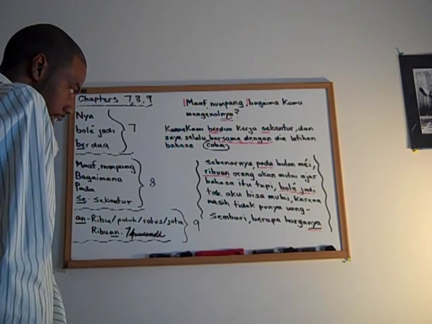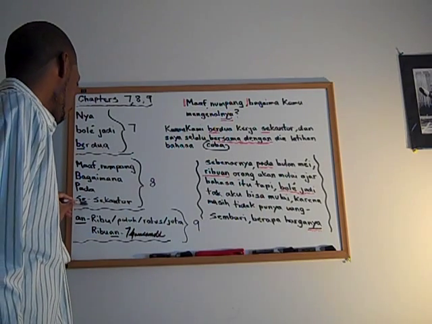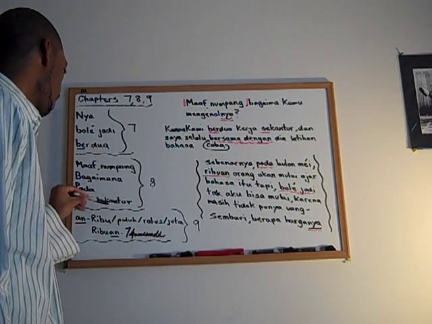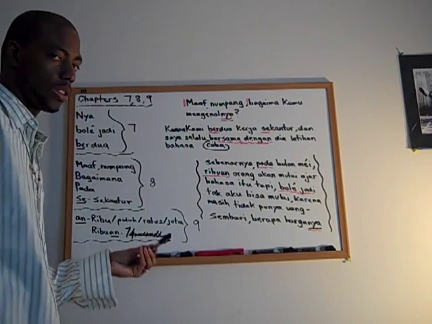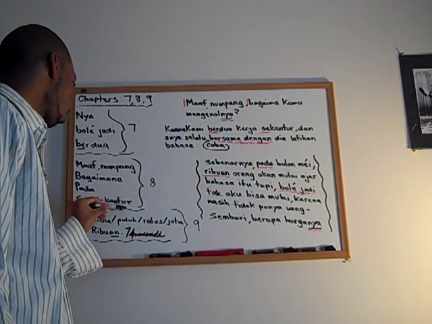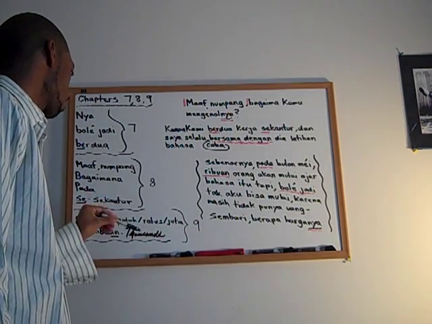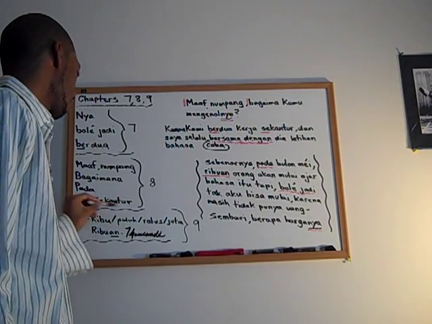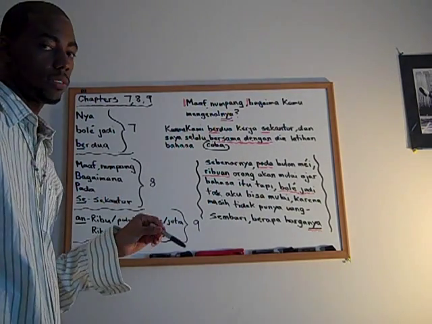And then we have se here. Se added to nouns, they explain, turns the noun into something like similar. For example, we have sekantor. Kantor by itself means office. So when you say sekantor, that means the same office.